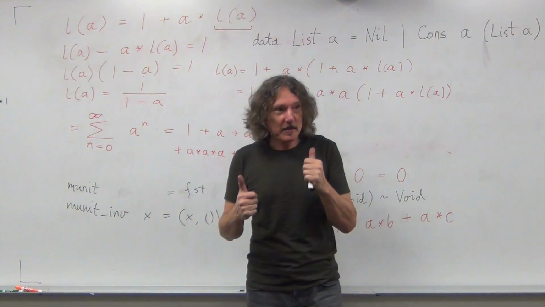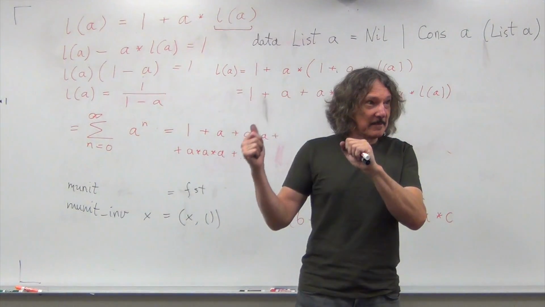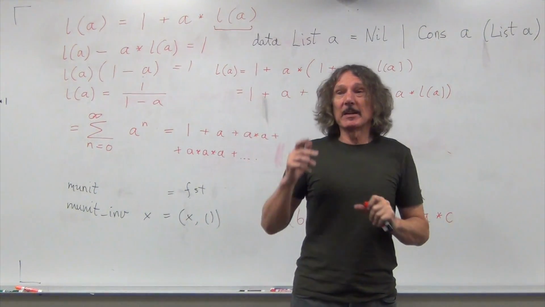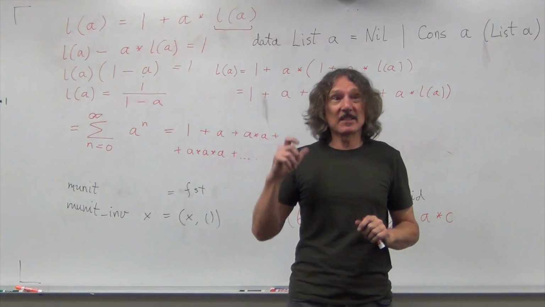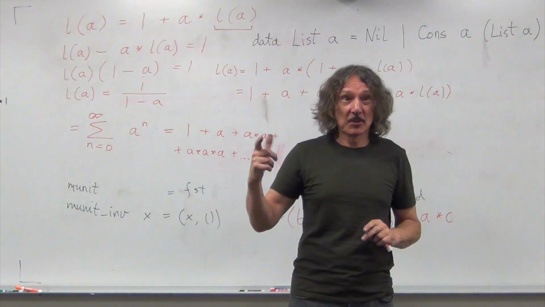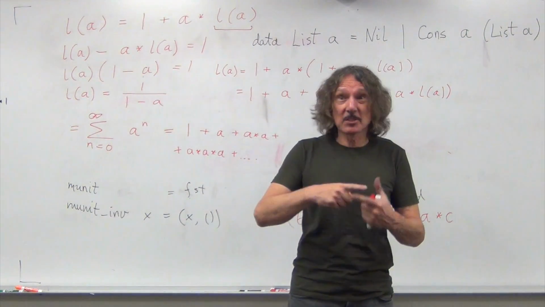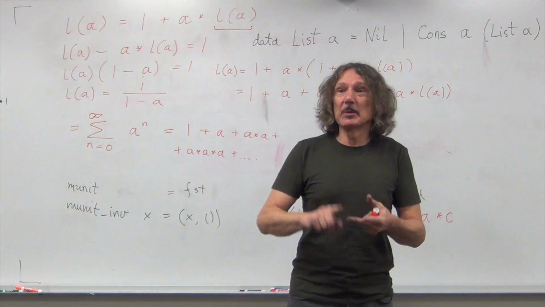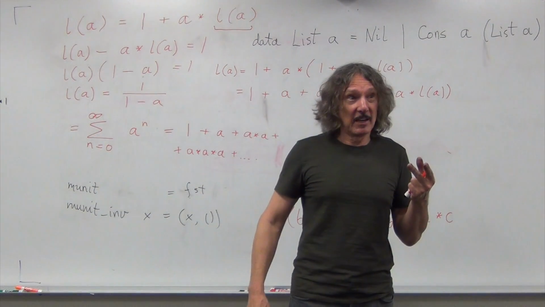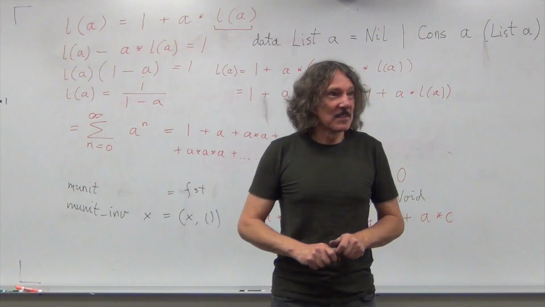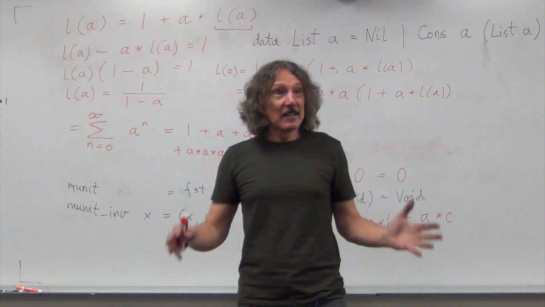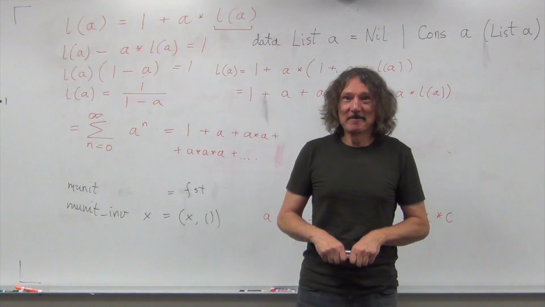And maybe not next time, but we will get to the point in which we actually do exponentials as well. So in this algebra, we have addition, multiplication, and we will have exponentials as well. Then our algebra will be really interesting. And it's algebra on types. Okay, thank you.